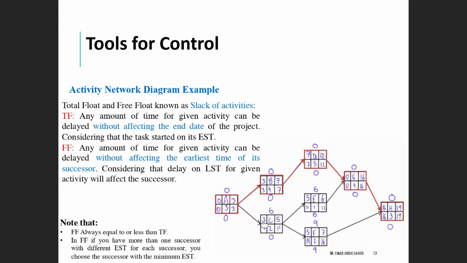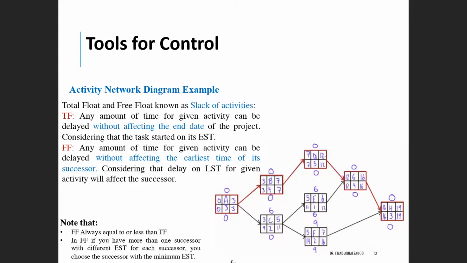Let's say they were not 3. Let's say the early start time was 5 here and 3 there. So you will select the 3 in your calculation for the free float. You will select the minimum, similar to the calculation of the late finish time when we do the right to left calculations for the activity network diagram.